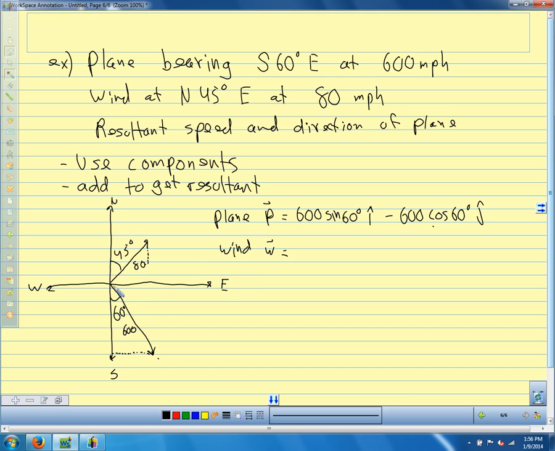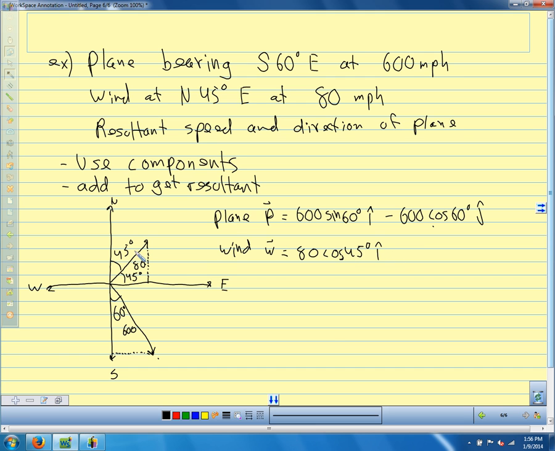So how are we going to find this side of this little triangle? If that's 45 degrees, that's also 45 degrees. So this side of the triangle is going to be cosine, and our magnitude is 80. And that's I hat.